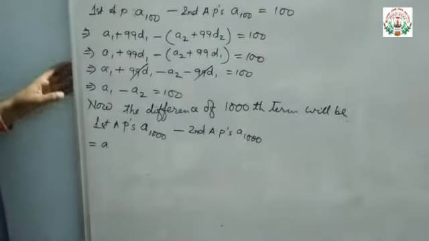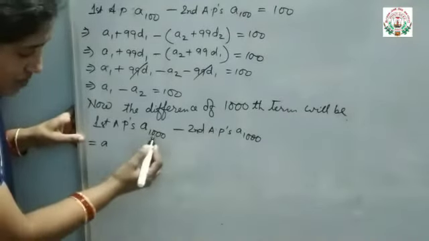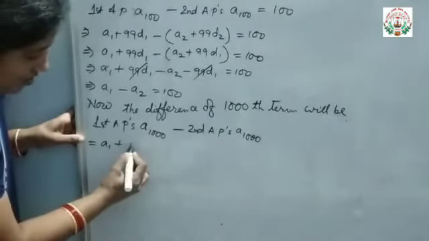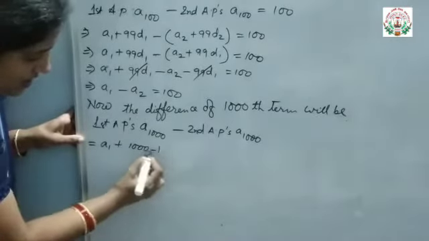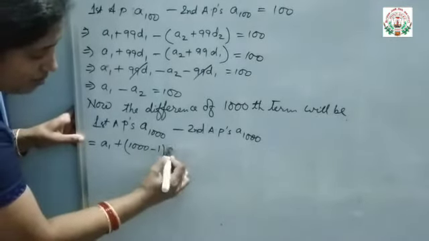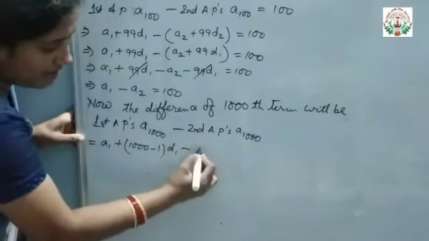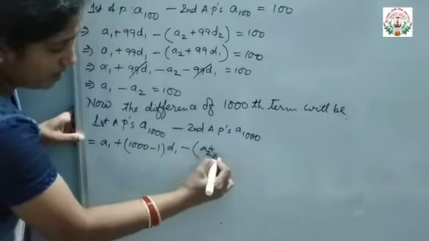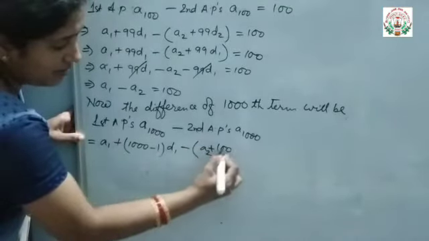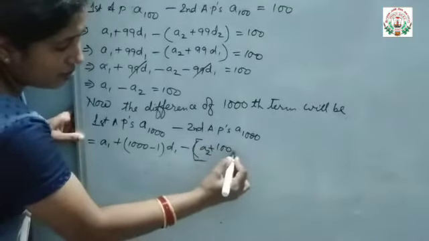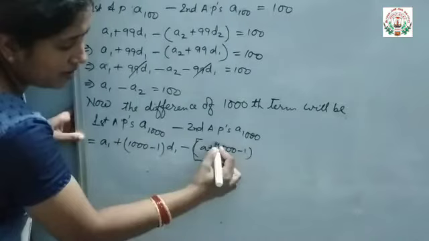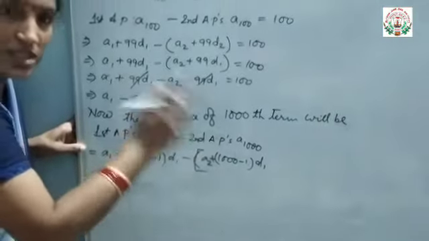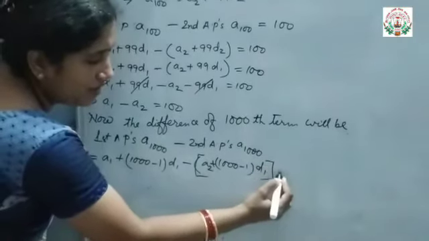Now after that put the values of the thousandth term, that is a1 plus 1000 minus 1 into d1, minus again the thousandth term a2 plus 1000 minus 1 into d1. I will write d1 because d1 and d2 are both the same.